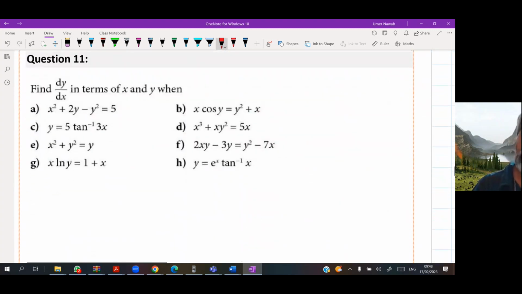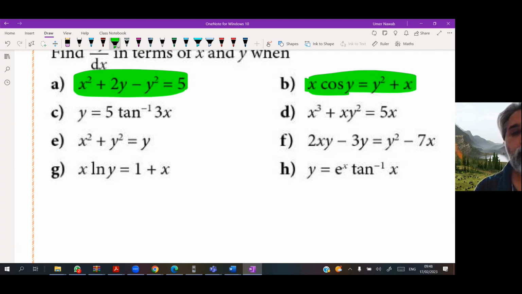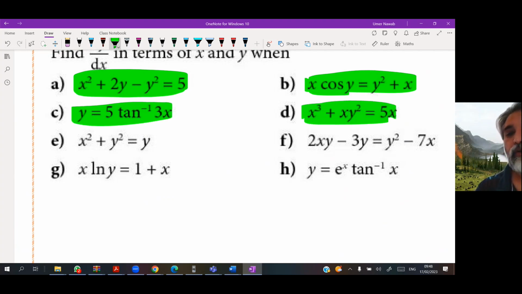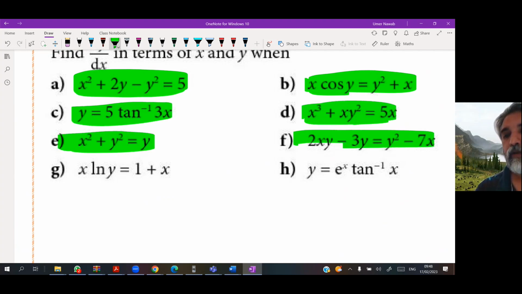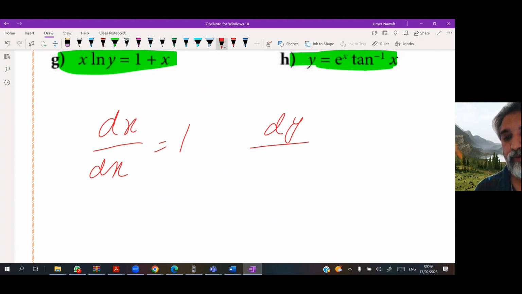Now we go to the implicit differentiations. Implicit differentiation, what I have taught you in the class, whenever we have the mixture of x and y terms, you apply the implicit differentiation. You need to understand the derivative of x with respect to x is always 1, but the derivative of y with respect to x is just dy by dx.